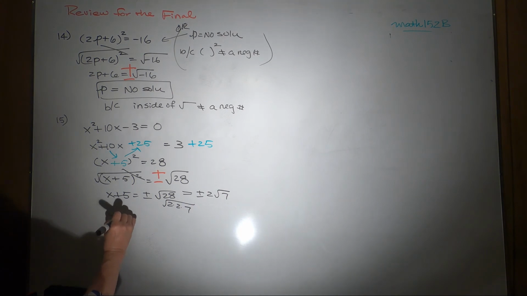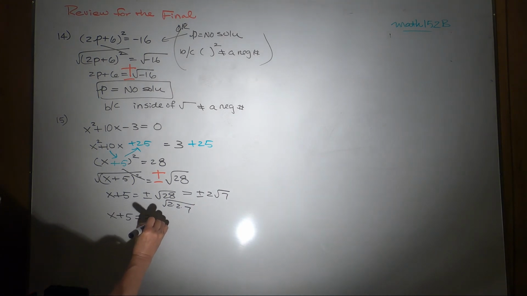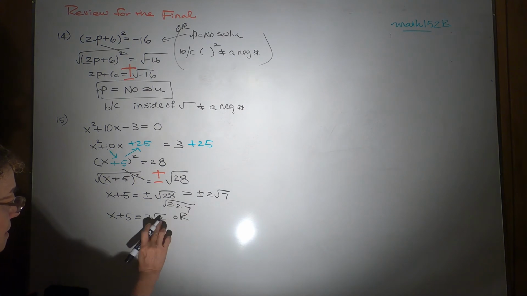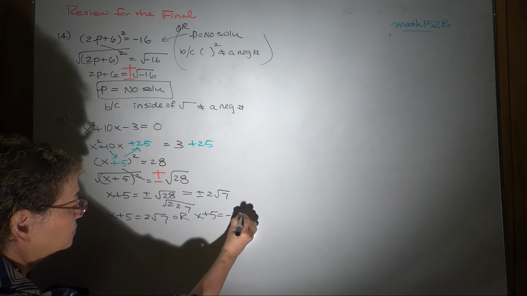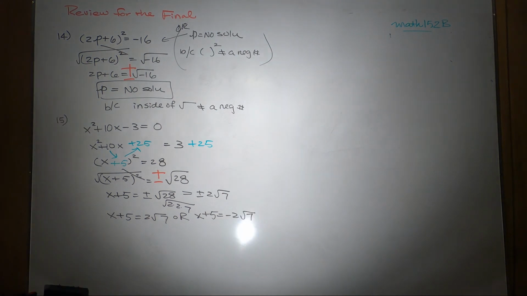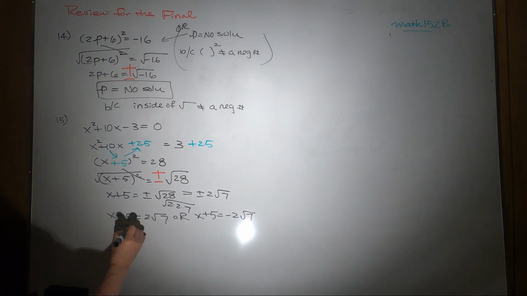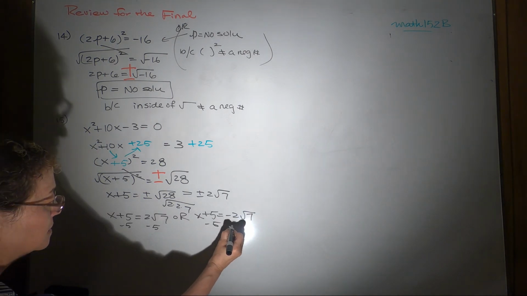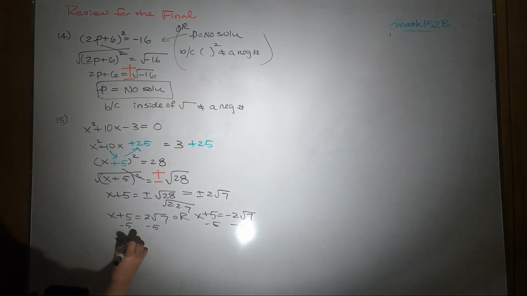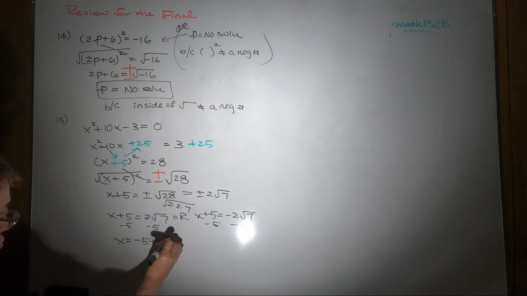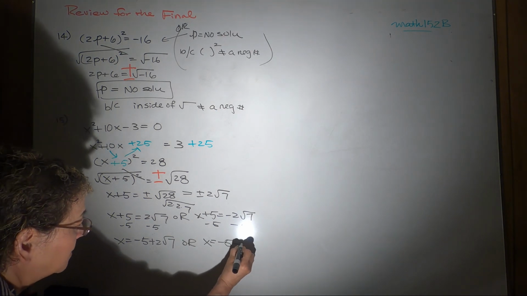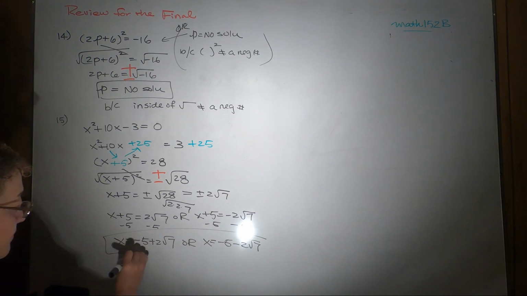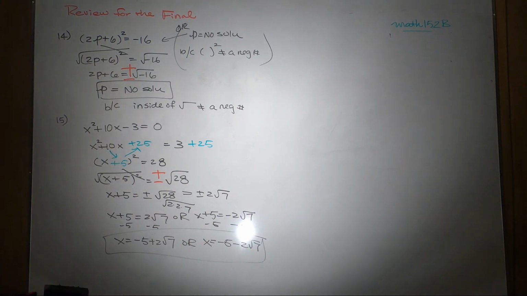You can do it directly, but if you cannot see it, you need to write it out individually, plus and minus. Then you minus 5, okay? So your x is what? Negative 5 plus 2 square root 7, or x is negative 5 minus 2 square root 7, right?